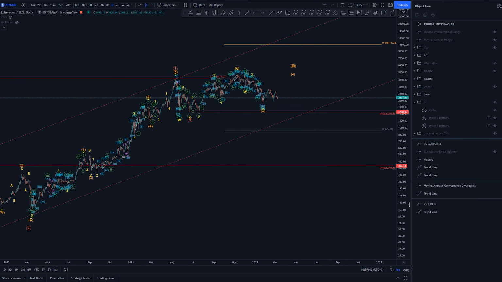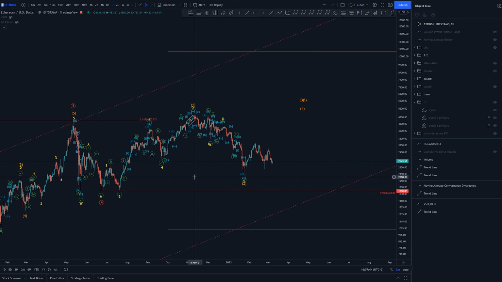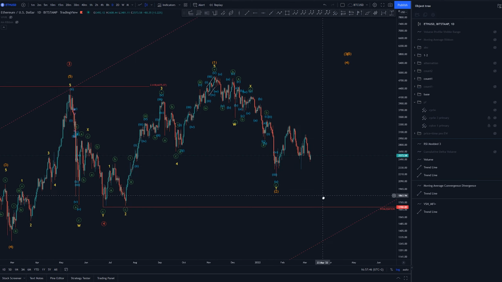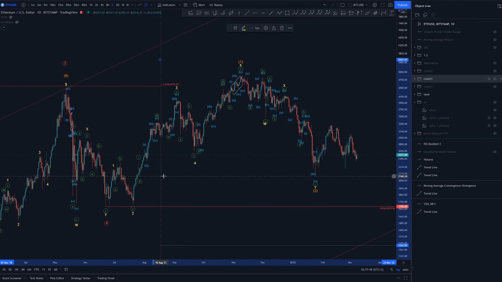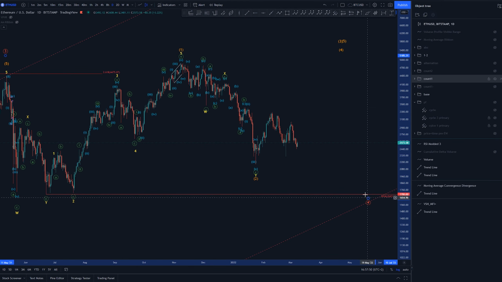That is also a possibility, so take the wave degrees always with a grain of salt, because it is possible. Now I'm going to move this back here.